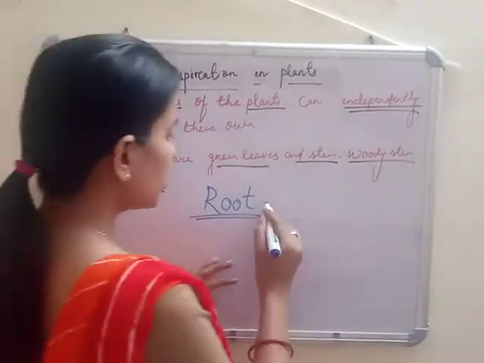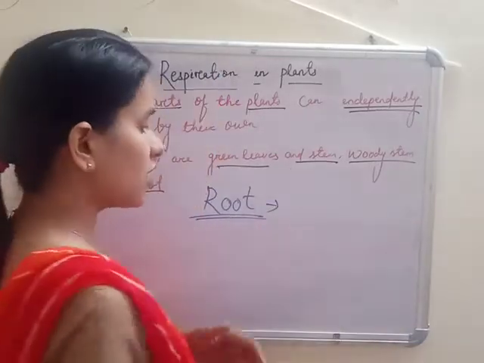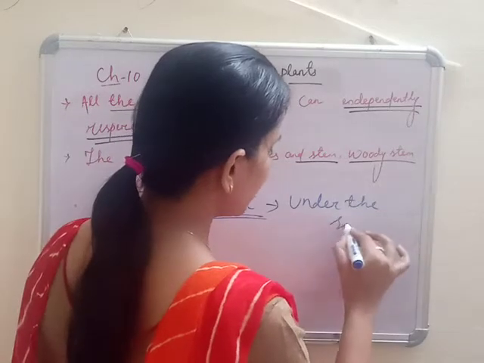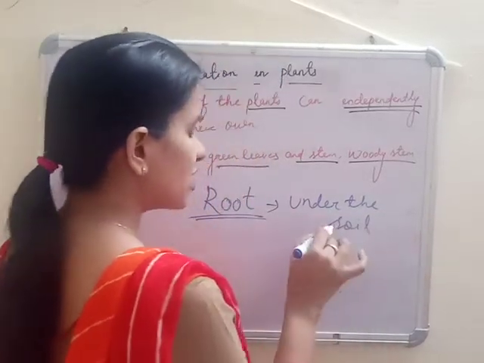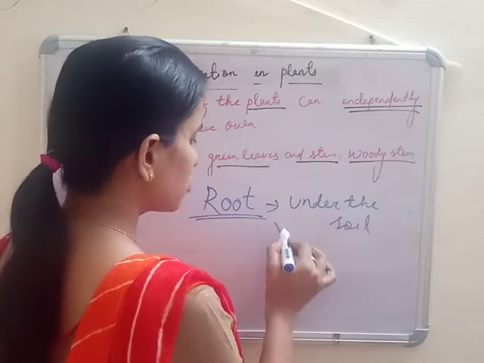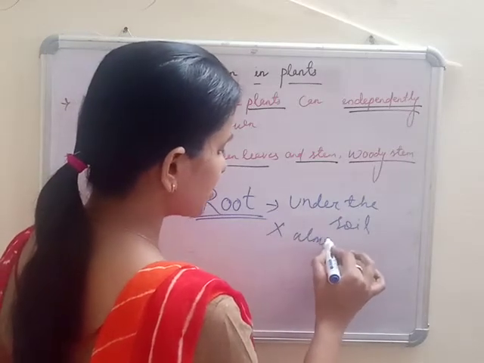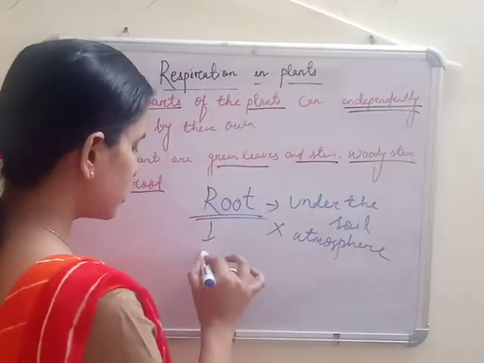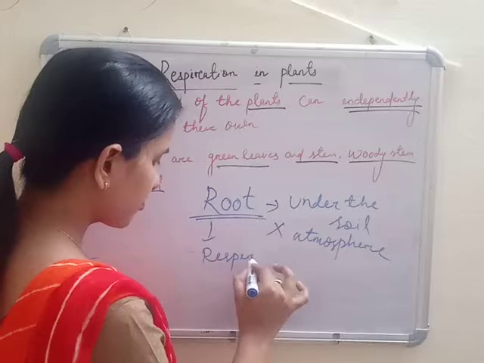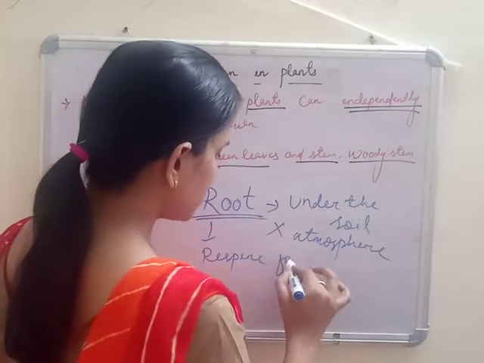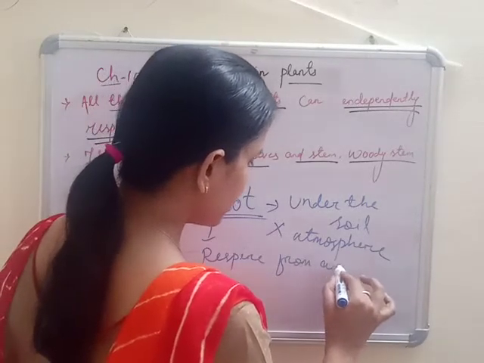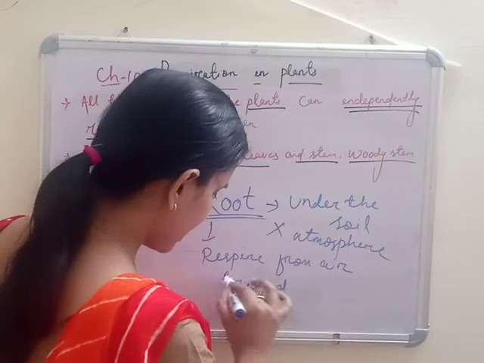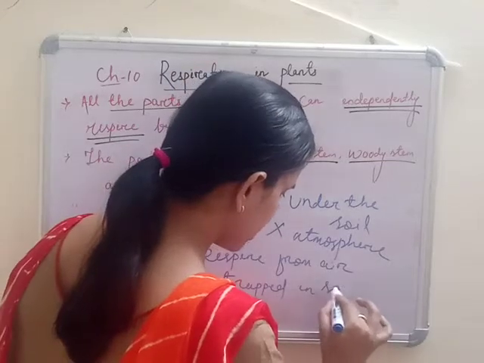Almost all the roots are under the soil. If it is under the soil, it cannot respire from the atmosphere. It cannot take air from the atmosphere. So how does it respire? It respires from air trapped in the soil.